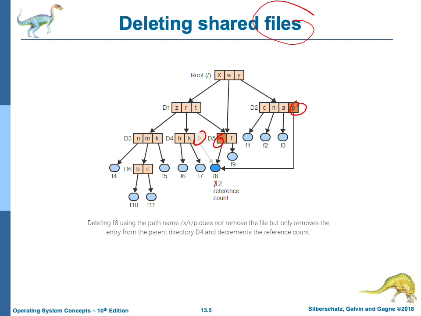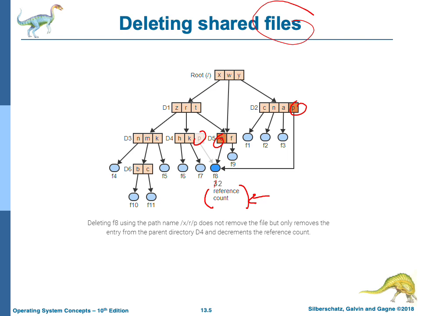And so when we want to delete F8, we first have to implement a new concept here called reference count. It actually represents how many directories are currently referencing or pointing to a file.